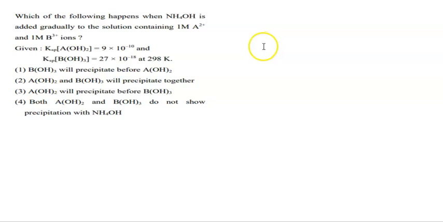Which of the following happens when ammonium hydroxide is added gradually to the solution containing 1 molar A2+ and 1 molar B3+, and Ksp of A(OH)2 is 9 into 10 to the power of minus 10, and Ksp of B(OH)3 is 27 into 10 to the power of minus 18. We know that whenever the ionic product value exceeds the solubility product, only then precipitation takes place.